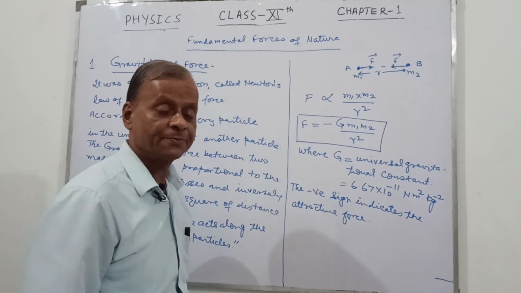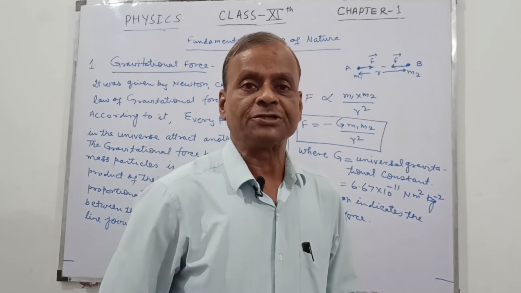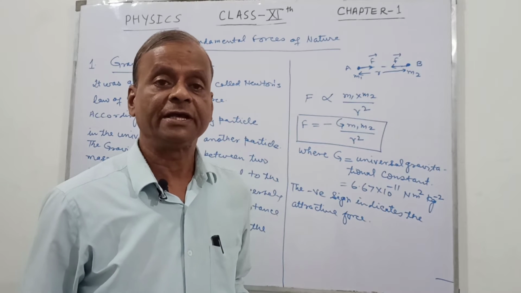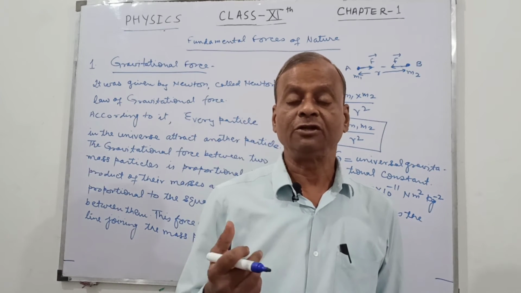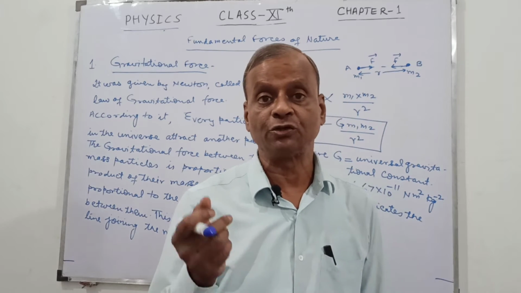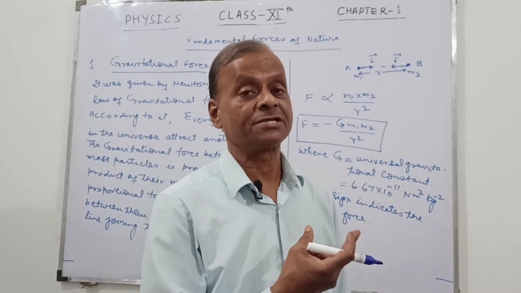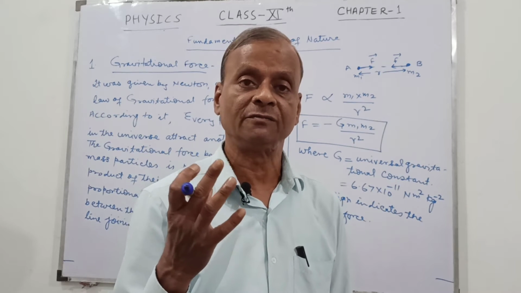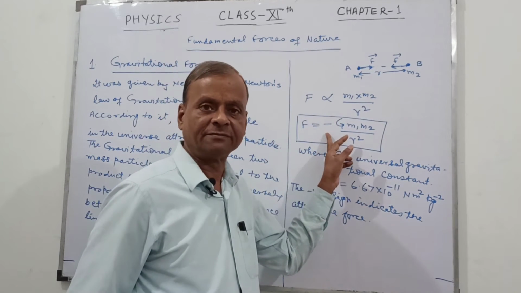It means that mass is never of two kinds, but is always positive. No particle has negative mass. We can have charges positive and negative, similarly we can have magnetic poles north and south. But here the mass of bodies is always positive, never negative. So because of that, here we apply a minus sign.